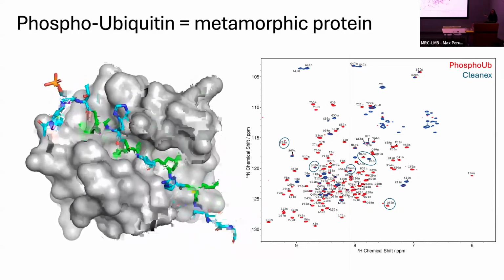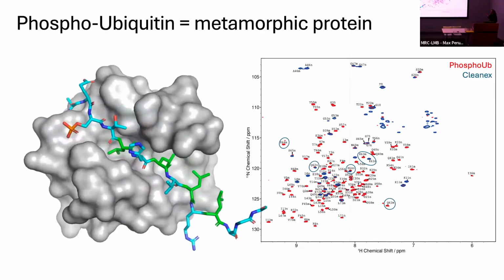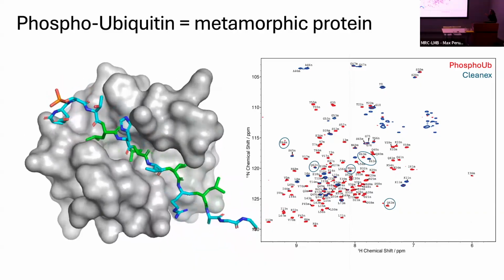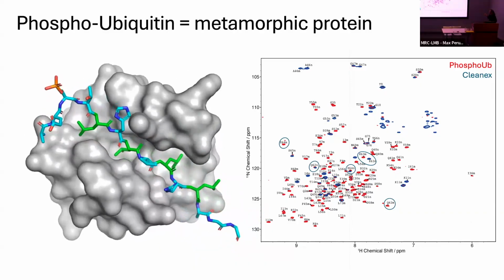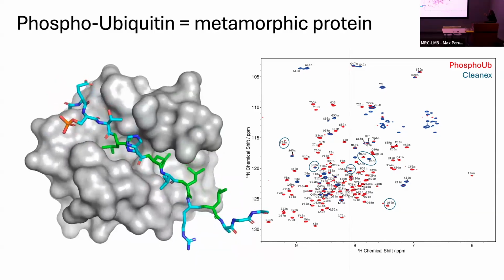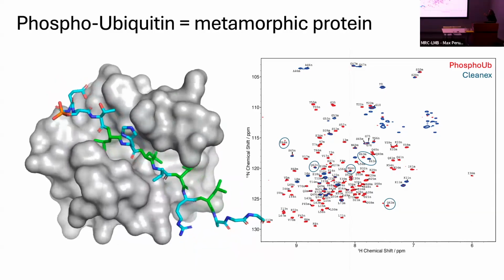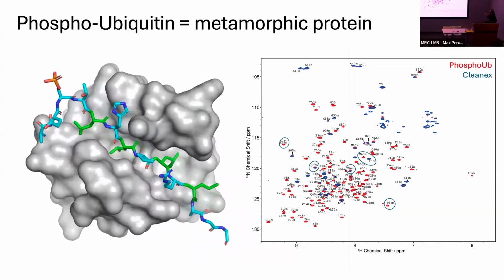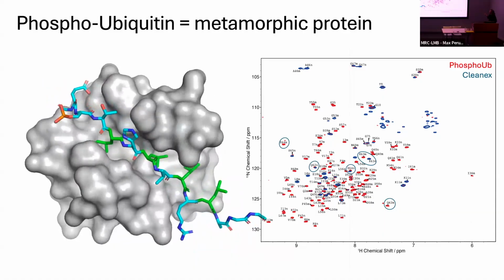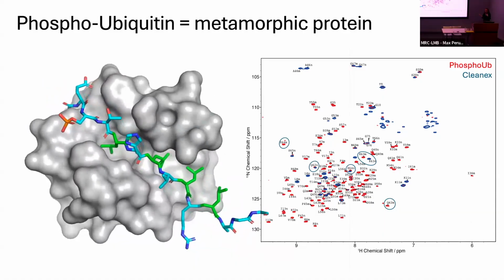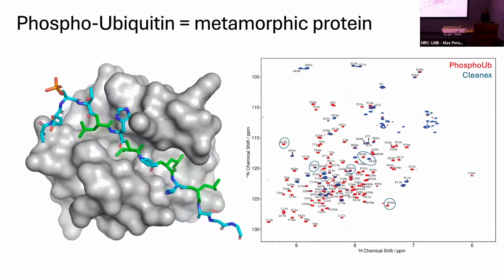It's a solvent exchange experiment where we can see, for example, that E64 in the major species is protected, but in the minor species with this extended loop, it's free to exchange with the solvent.